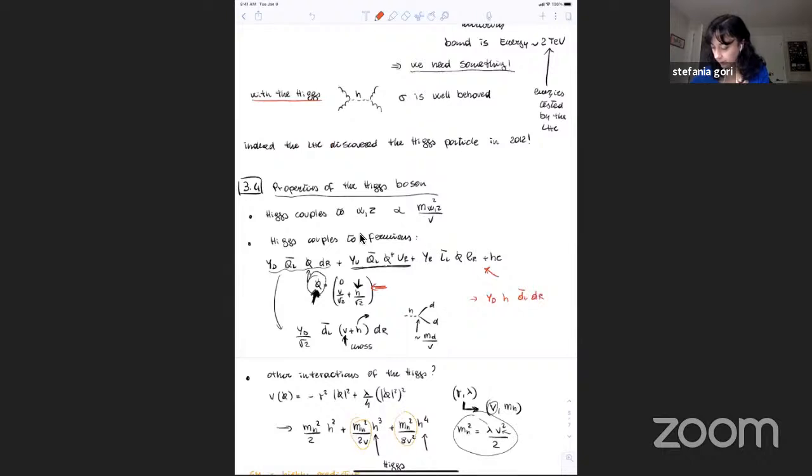So basically, this will generate a coupling like this: D left, D right and the Higgs. So you see that the Higgs couples to a combination of a left-handed fermion and the right-handed fermion all the time.